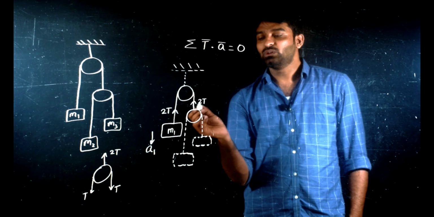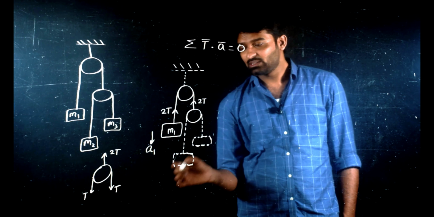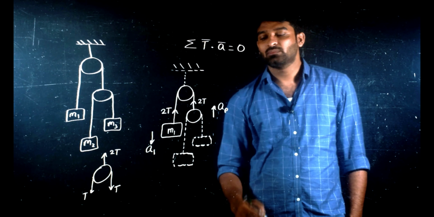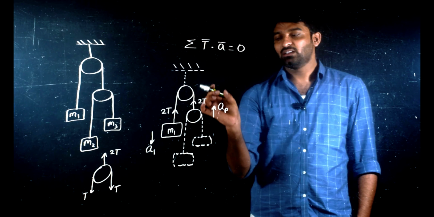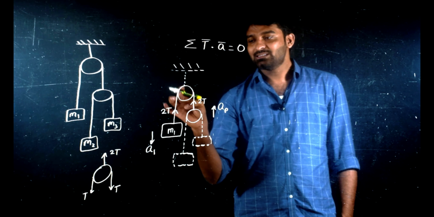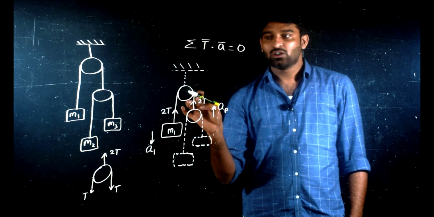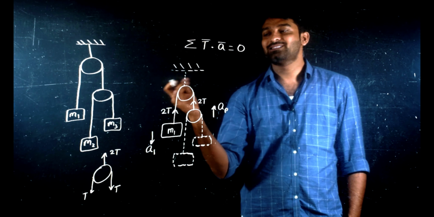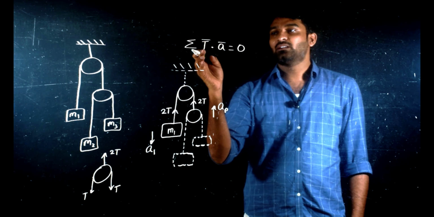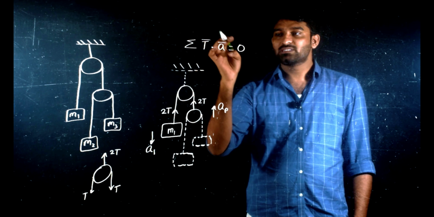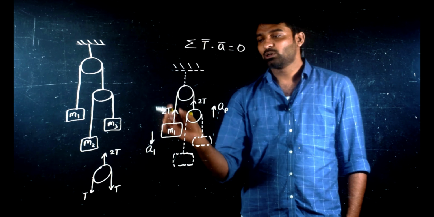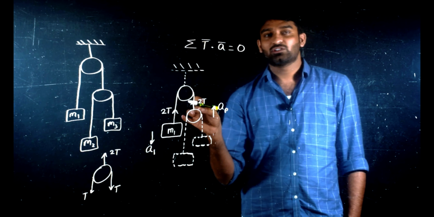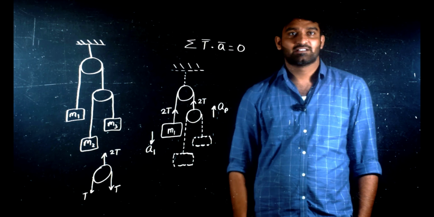If this is falling down, this pulley could go up, so I'm denoting the acceleration of the pulley, AP, as vertically upward. Even though there are tensions acting on this fixed pulley, since it has 0 acceleration, tension times 0 acceleration means that term will become 0. So I'm not considering this body even though it is connected to the string, because it's not accelerating.